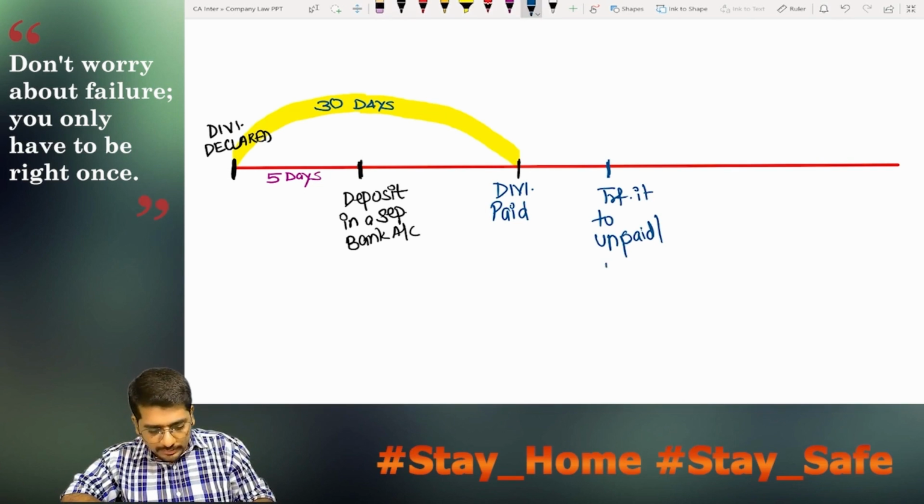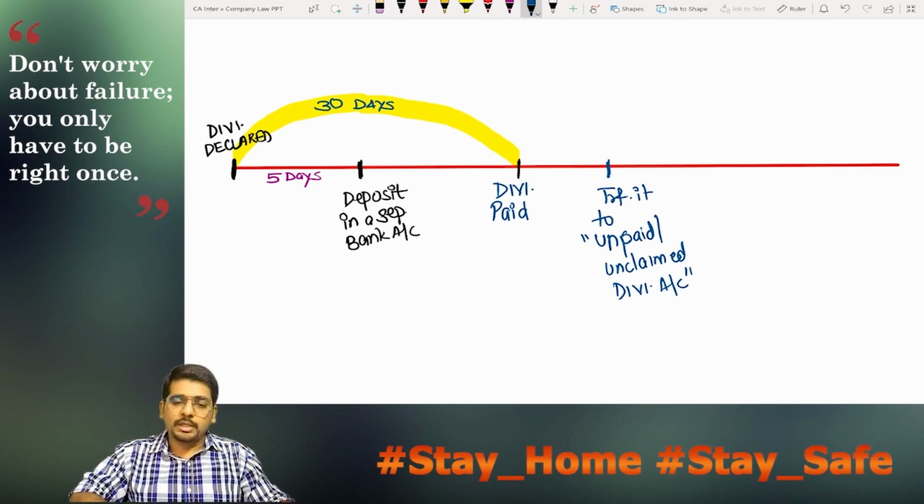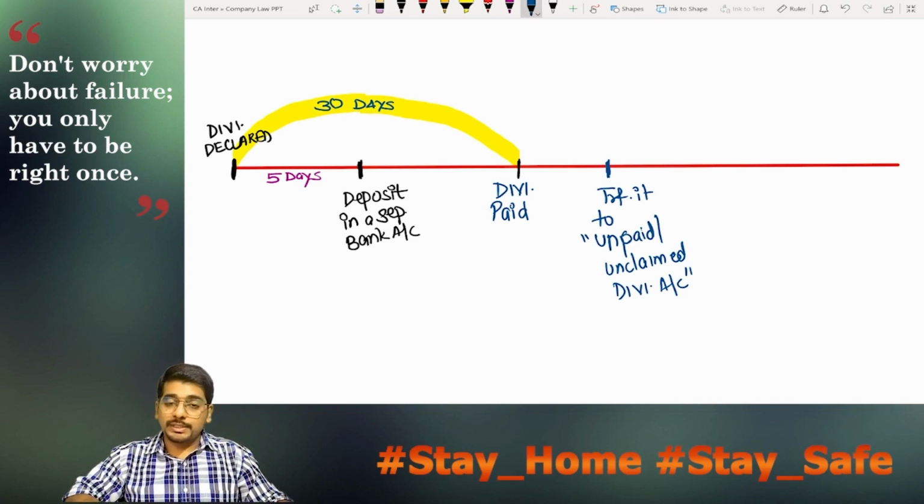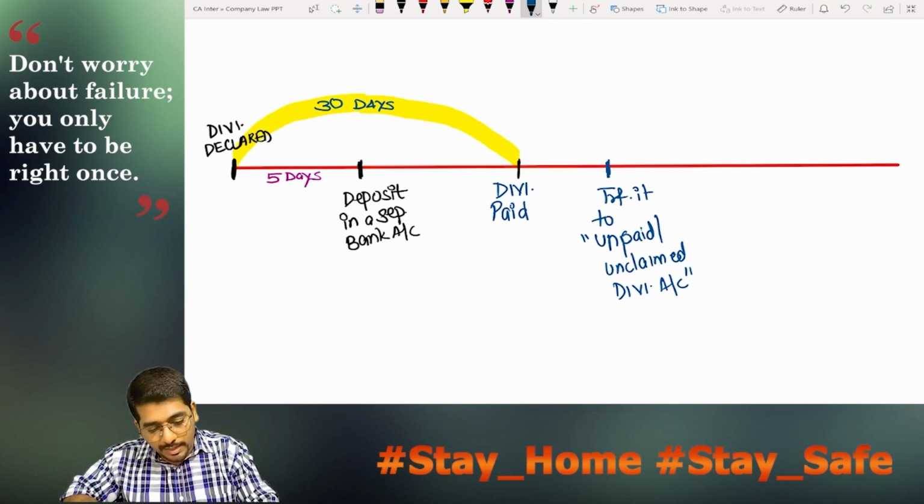Both names I'm writing. Unpaid dividend account, or you call it unclaimed dividend account. Transfer it to this particular account. Once the money is transferred in this particular account, this has to be done over here, I will specify it for you, within 7 days.